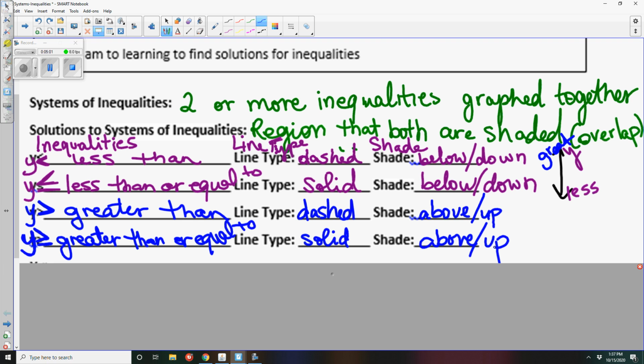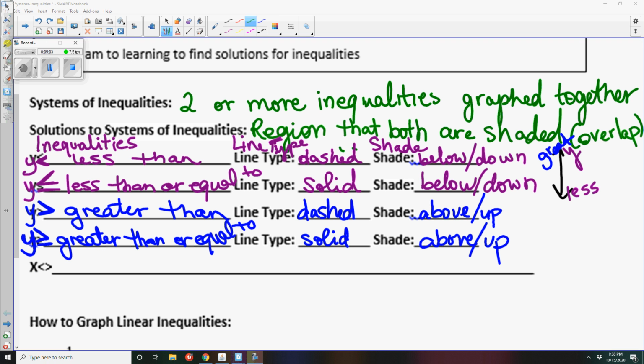And we're all good. So if you have x, and it can be any symbol, less than or equal to, greater than or equal to, or greater than. If it's x with any of those inequality symbols, you still do the line type like you would above.